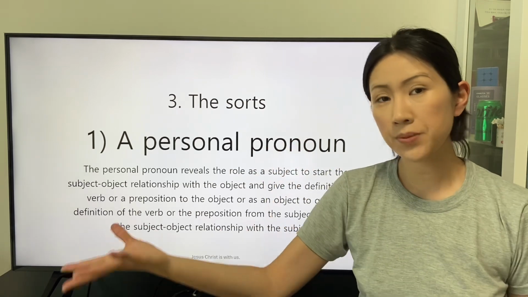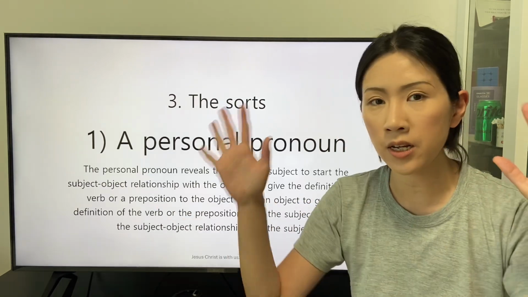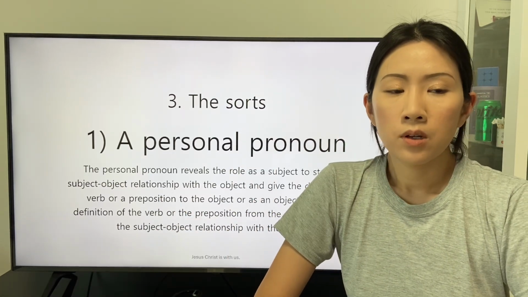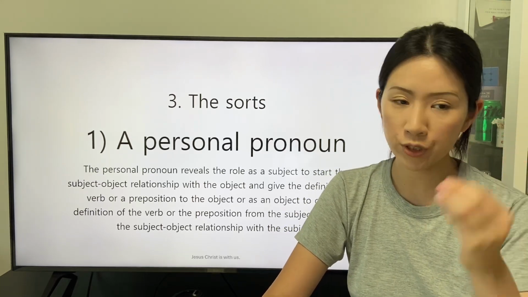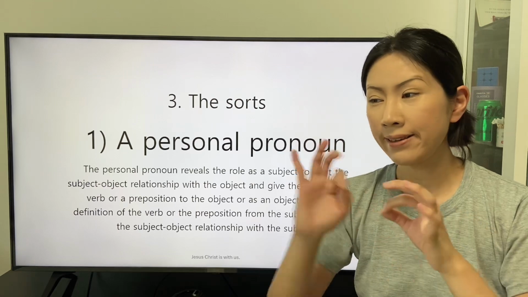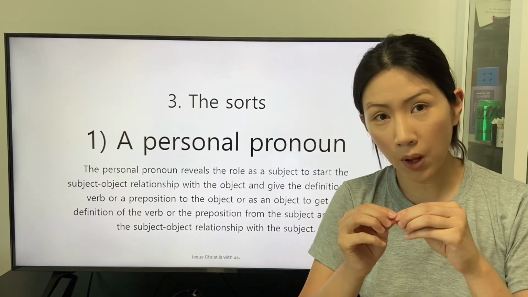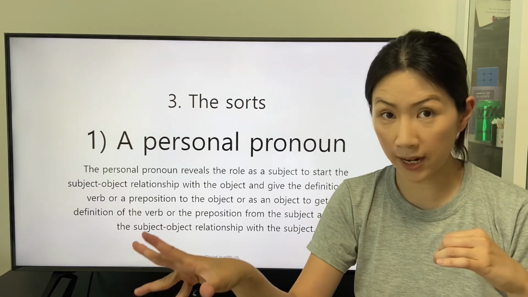This is the description about the role as a subject or an object in a statement. The subject starts the subject-object relationship and gives the definition of the transitive verb or preposition to the object.